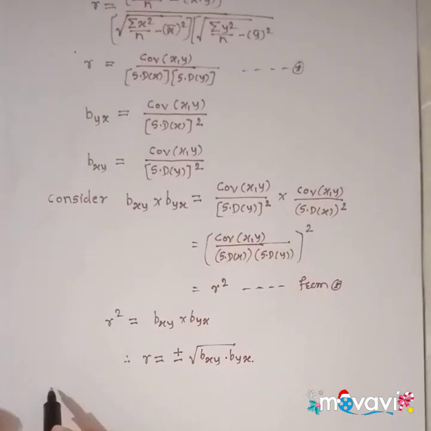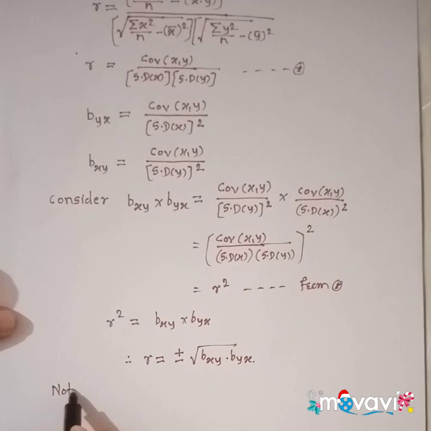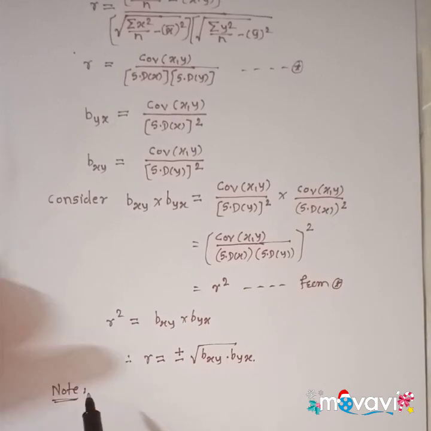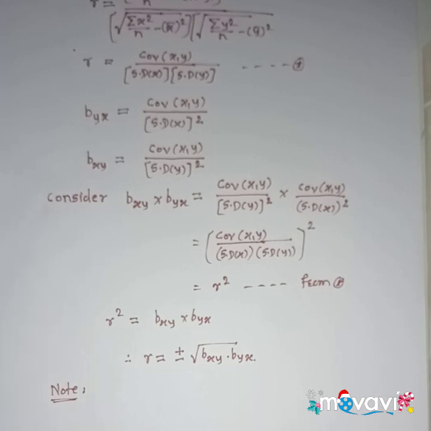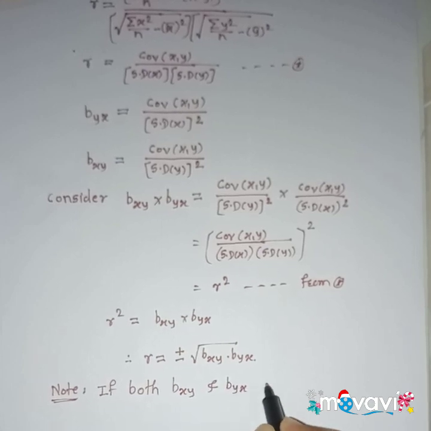Note, if both Bxy and Byx are positive, then r is positive.